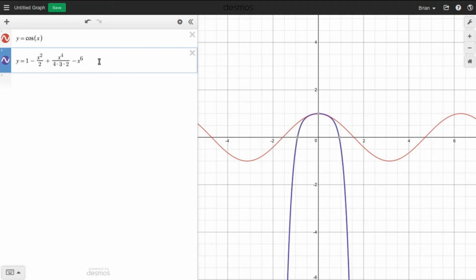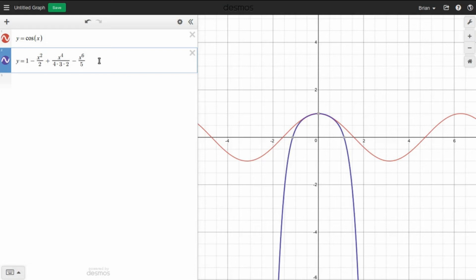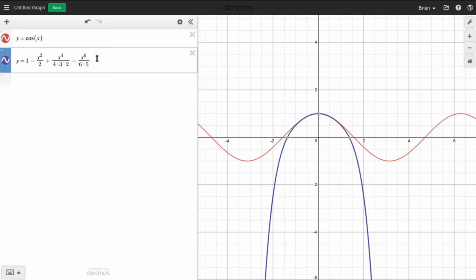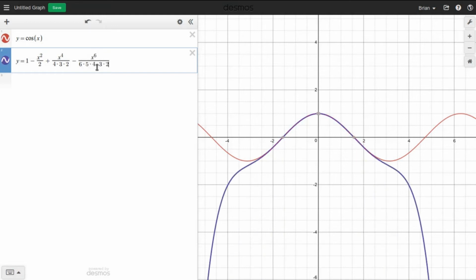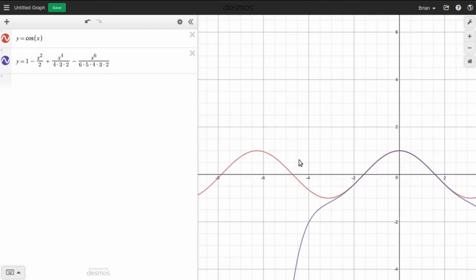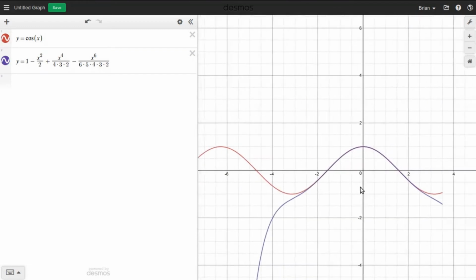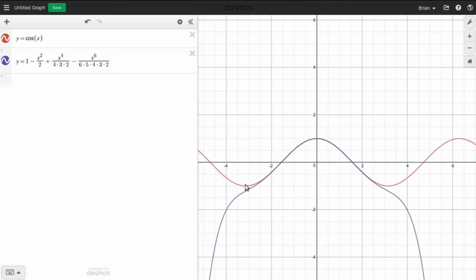We've clearly subtracted way too much. Could it be divided by 5? That's not enough. 6? How about 6 times 5? Look at that. Now we're matching almost from negative pi to pi. Just a little gap here on each side.